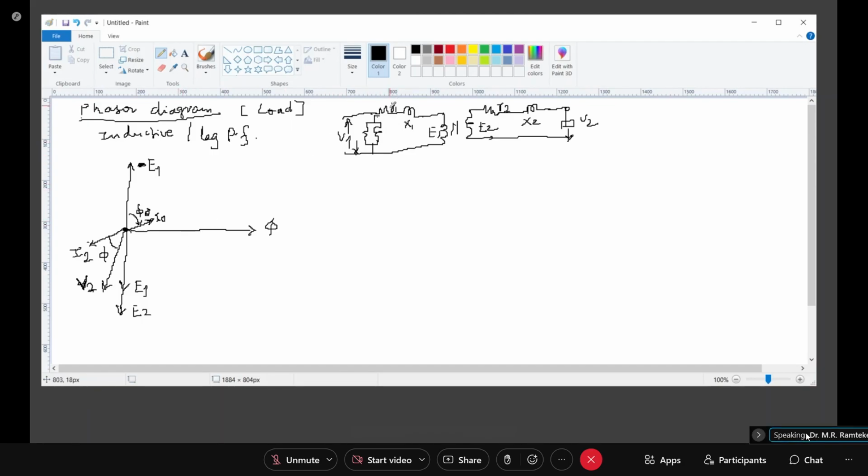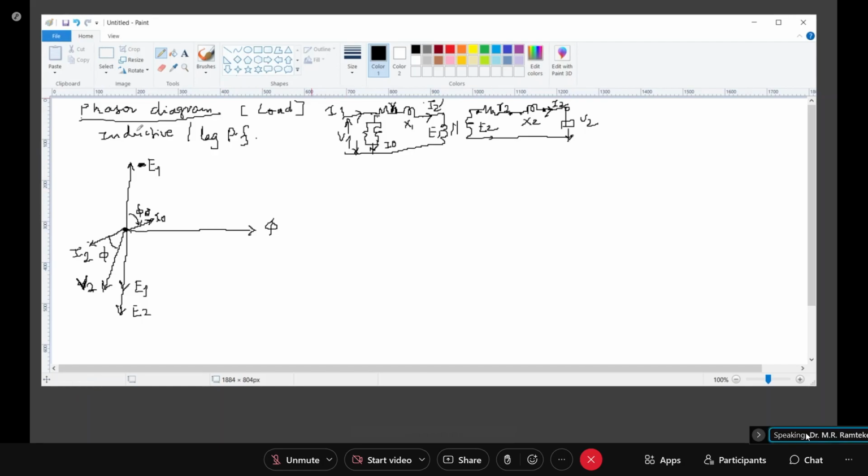Now this is my R1, the resistance of the primary winding. I0 is flowing through this, and I2 dash, not I1, I2 dash, flows through this. Through this it is I2. Clear? Now when I2 flows through this, there is a voltage drop I2 R2 and I2 X2 across these parameters.